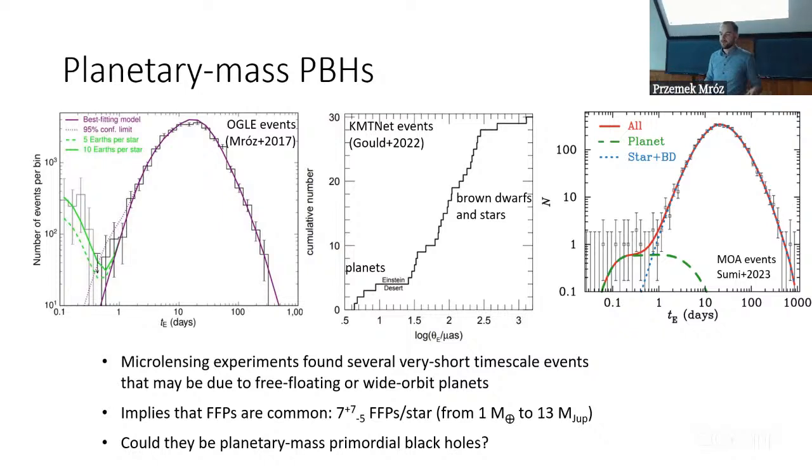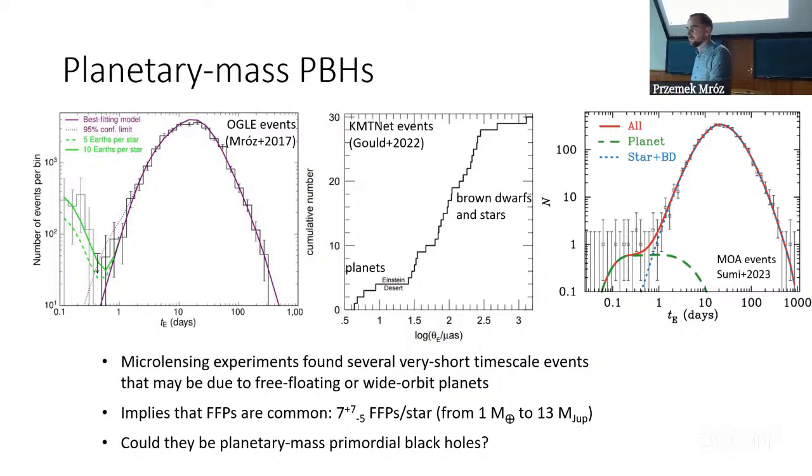We have three major microlensing experiments, OGLE, KMTNet, and MOA, and each of these experiments is finding short timescale, small Einstein radius microlensing events in the galactic center. We think that these free-floating planets or wide orbit planets are quite common. There are roughly a few such free-floating planets for every star in the Milky Way.